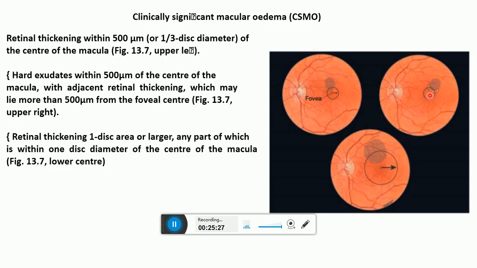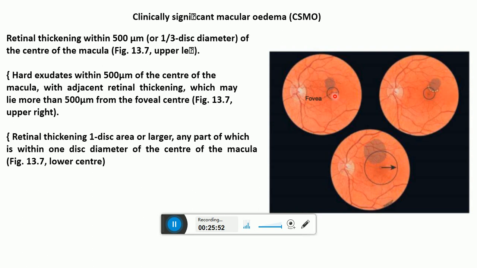So retinal thickening within 500 micrometer or 1/3 disc diameter of the center of the macula. Or clinically significant macular edema may also be the hard exudates within 500 micrometer of the center of the macula.